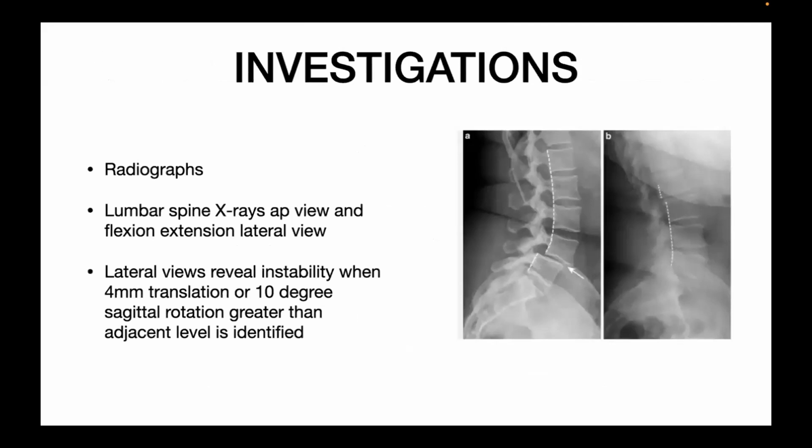Coming to the investigations part, lateral bending X-rays are one of the first investigations to get. The lumbar spine X-rays, AP view and flexion-extension lateral view, are a must. Lateral views reveal instability when there is 4 mm of translation or more than 10 degrees of sagittal rotation greater than the adjacent level.